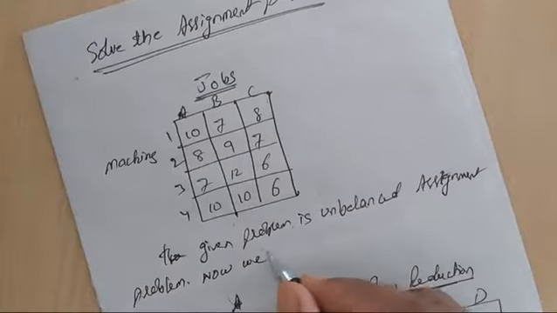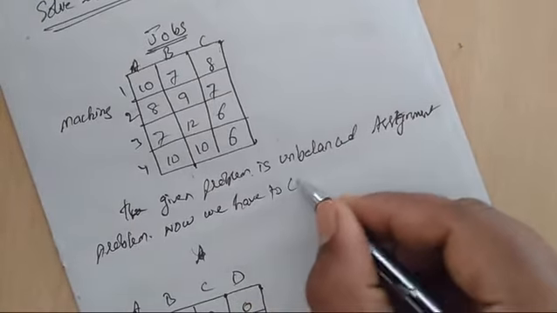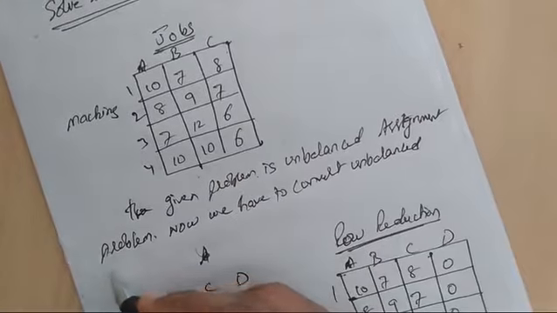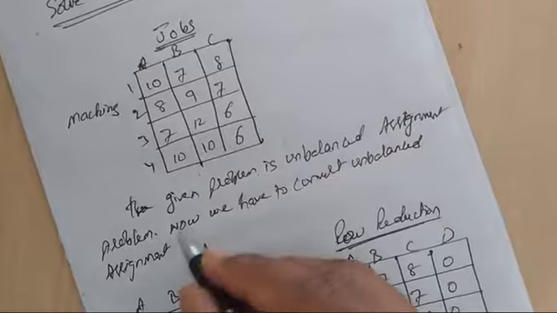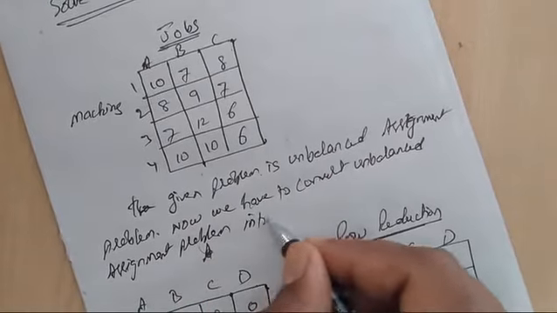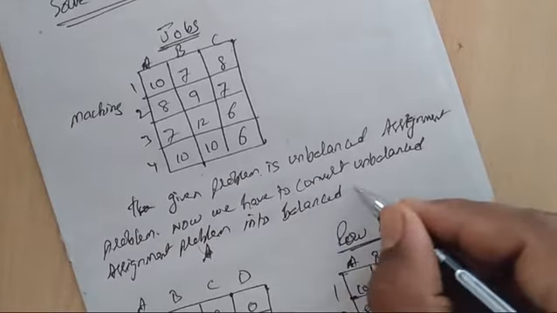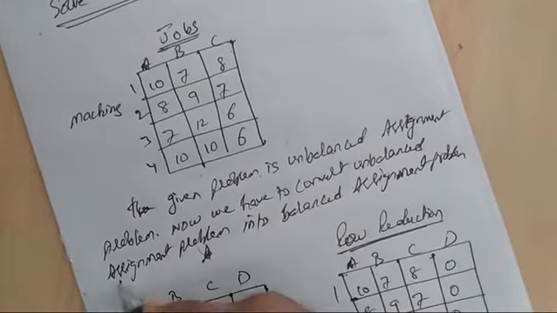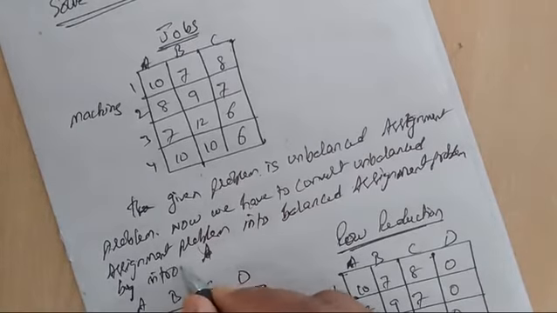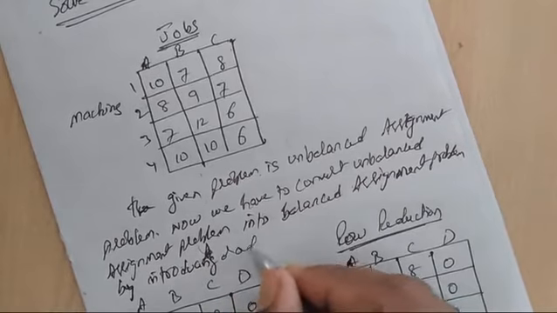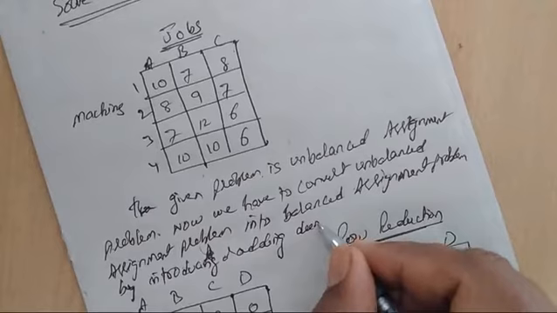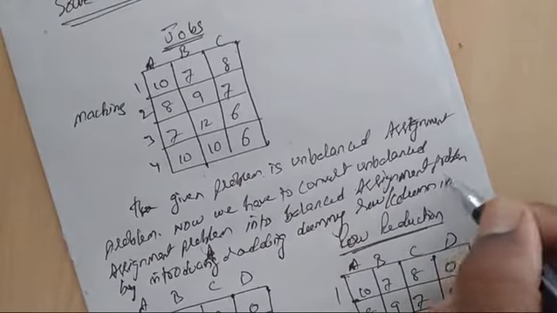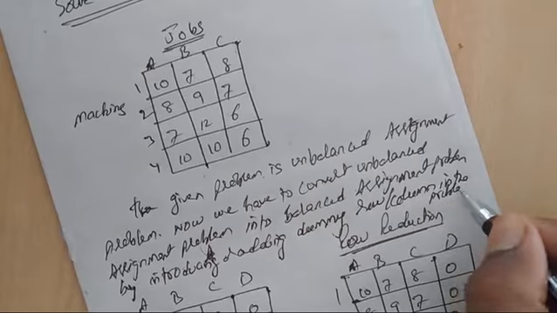Now we have to convert the unbalanced assignment problem into a balanced assignment problem by introducing or adding a dummy row or column in the problem. Okay, these are the steps.